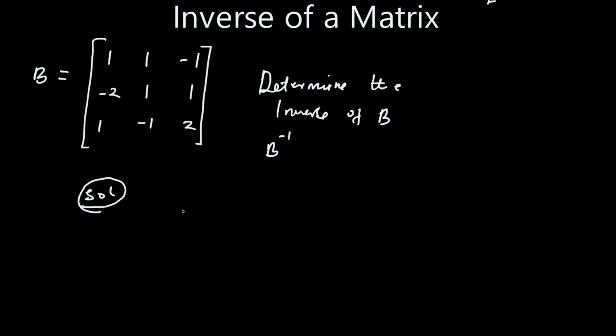The solution of this matrix will be like this. So you'll have 1 divided by 7 of 3, minus 1, 2, 5, 3, 1, 1, 2, 3.